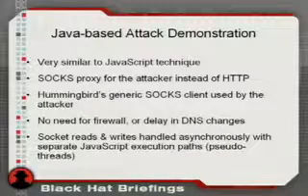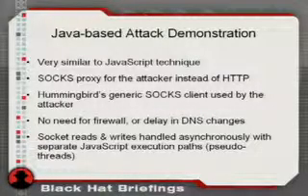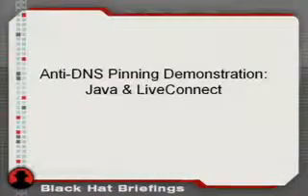The attacker's workstation has a generic SOCKS client bound to the IP stack so that any request that's sent to a 10-dot address range is redirected to the SOCKS proxy. Again, there's no need for a firewall change. And the reads and writes from the sockets can be handled more or less asynchronously using the kind of pseudo-threading that JavaScript supports with setTimeout.